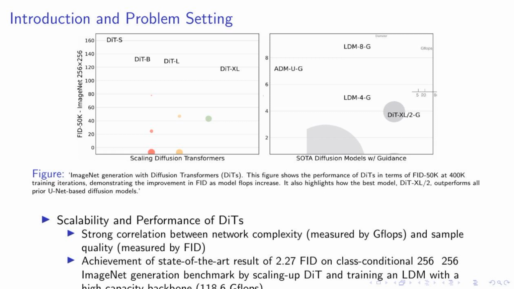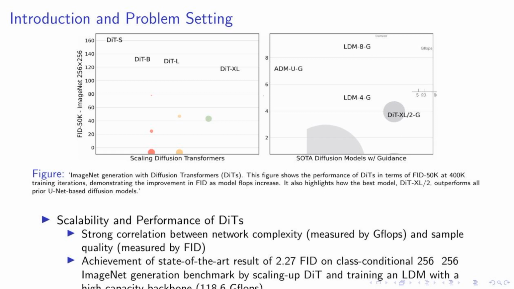Moreover, by scaling up DiT and training an LDM with a high-capacity backbone, we achieved a state-of-the-art result of 2.27 FID on the class-conditional 256 x 256 ImageNet generation benchmark. This outperforms all prior UNet-based diffusion models as shown in the figure. The figure illustrates ImageNet generation with DiTs, showing the improvement in FID as model flops increase. The best model, DiT-XL, stands out, demonstrating the potential of DiTs in this domain.